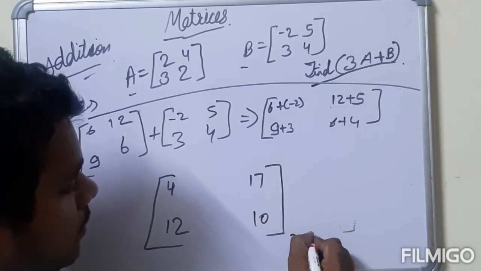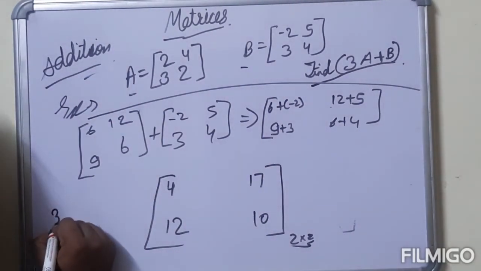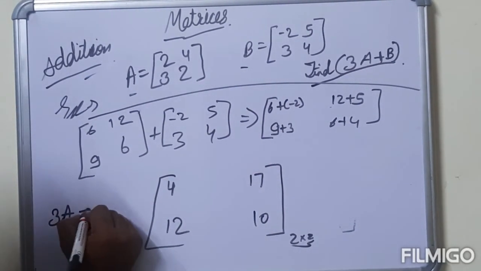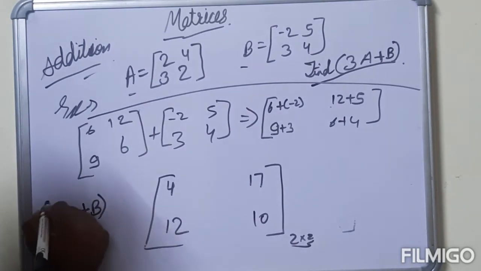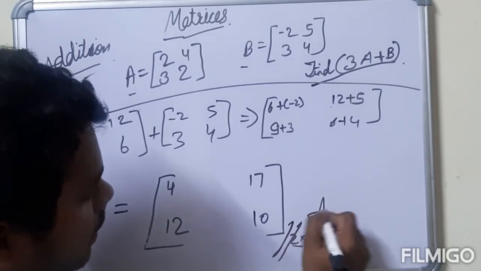This is also a 2 by 2 matrix. So the answer of 3A plus B is this matrix.